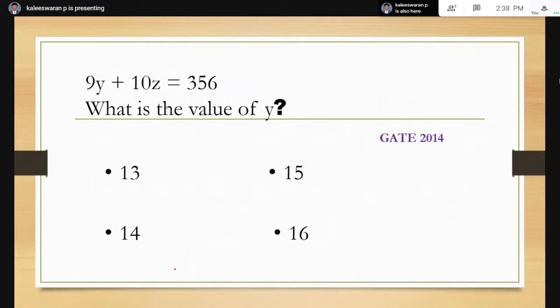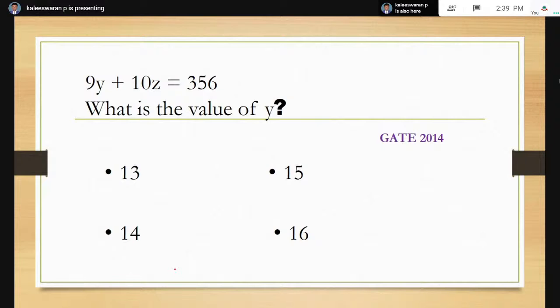And next important question. From this question we can understand what is the difference between maths and aptitude. 9y plus 10z equal to 356. So what is the value of y? Is it possible in the mathematical view? If you solve this problem through the mathematical approach, is it possible?